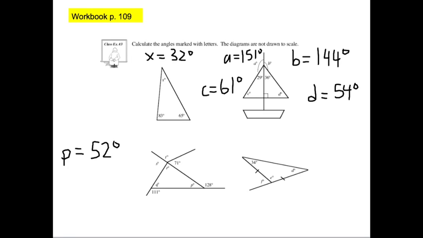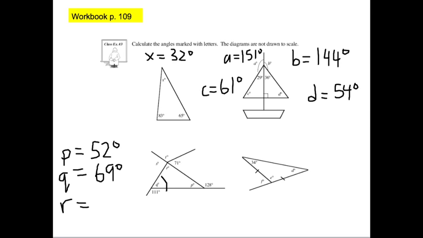Same with Q. You'll notice there's an exterior angle of 111 degrees, but if you add that with the interior angle, which is Q, that should be 180 degrees because it makes a straight angle. So 180 minus 111 is equal to 69 degrees.